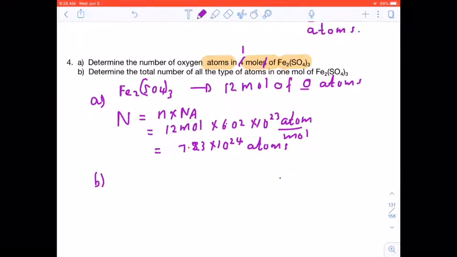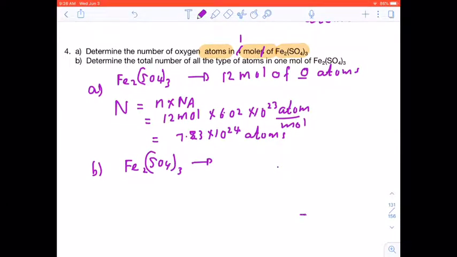So if we look at Fe2SO4 and break it up, that gives us 2 moles of Fe, plus 3 moles of S, plus 12 moles of O. So the total is 2 plus 3 plus 12, which is 17 moles.